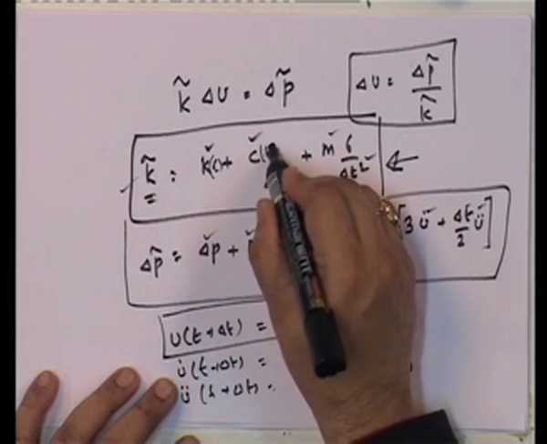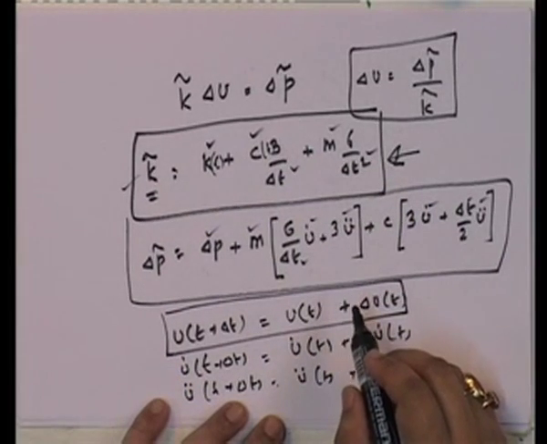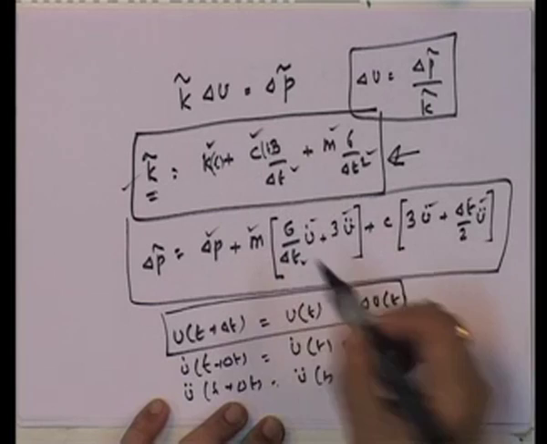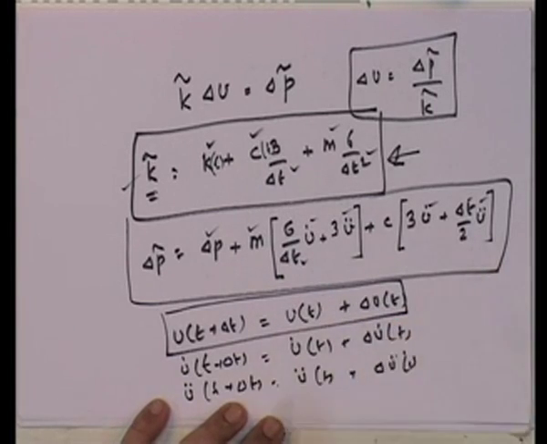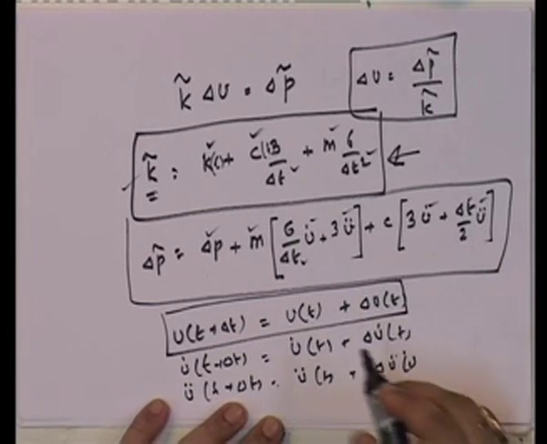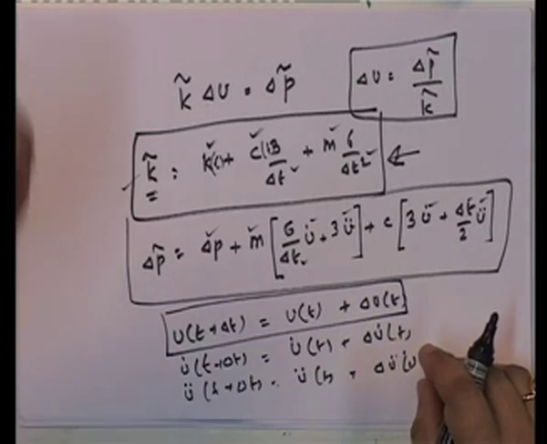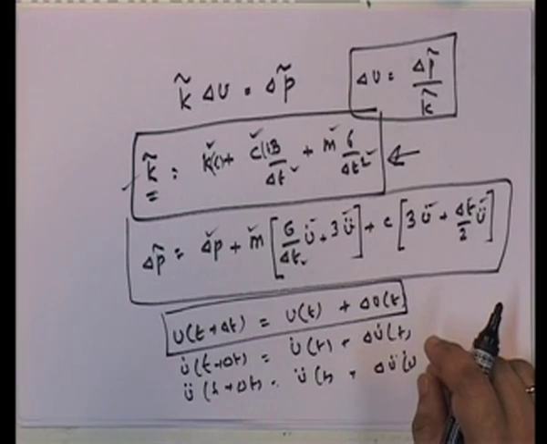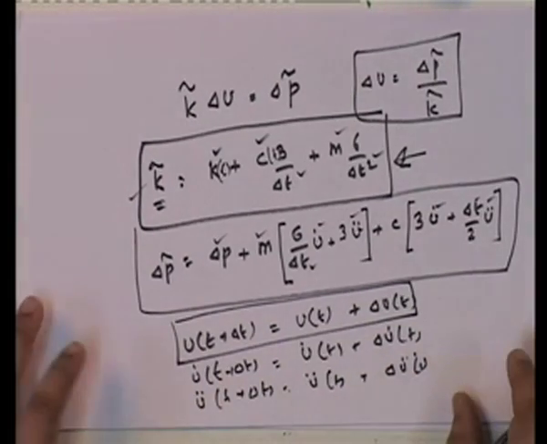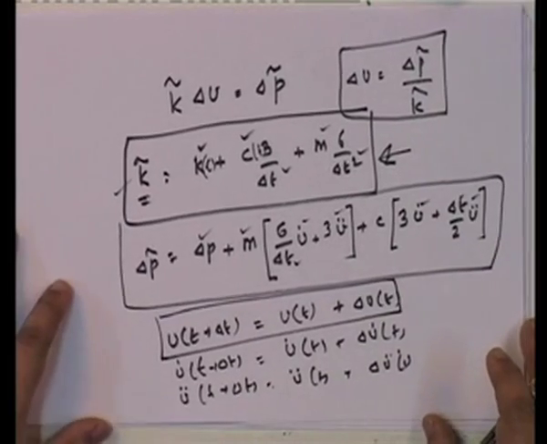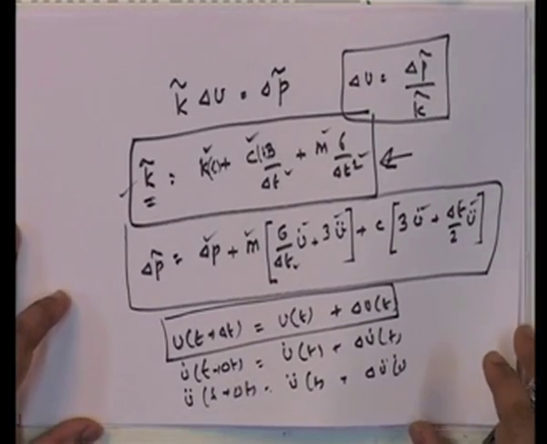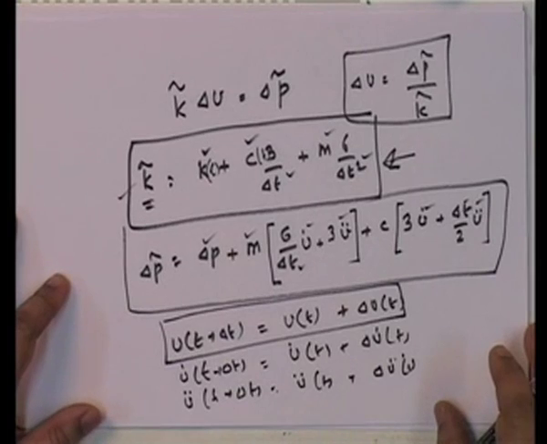All that you do is incorporate k of t and c of t as being at an instant of time t. Every time you find delta v, based on delta v you can find out what k of t is, and in the next instant you use that k of t. So these time marching schemes are also equally valid for nonlinear systems.